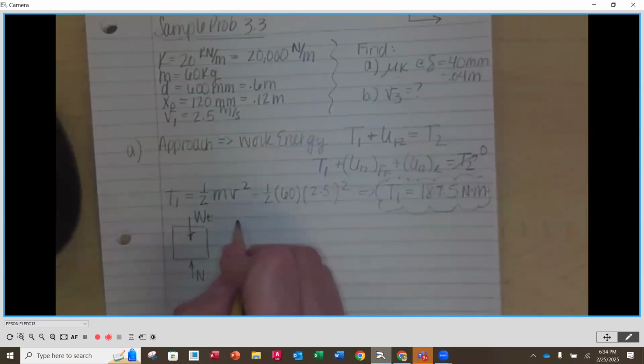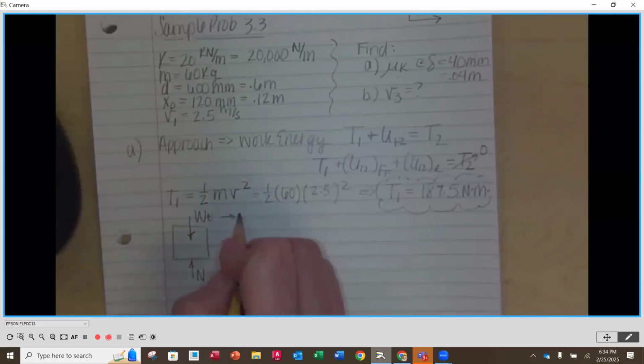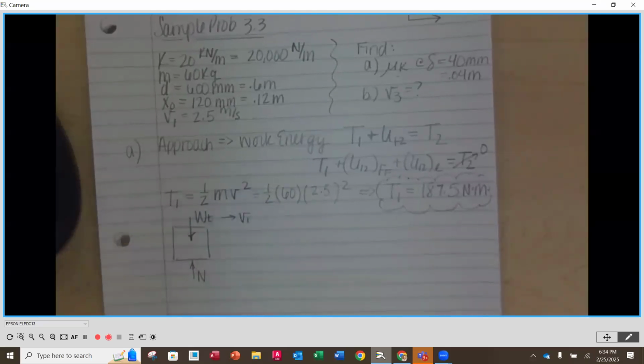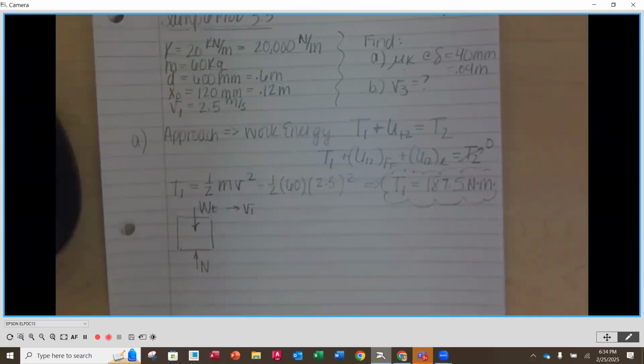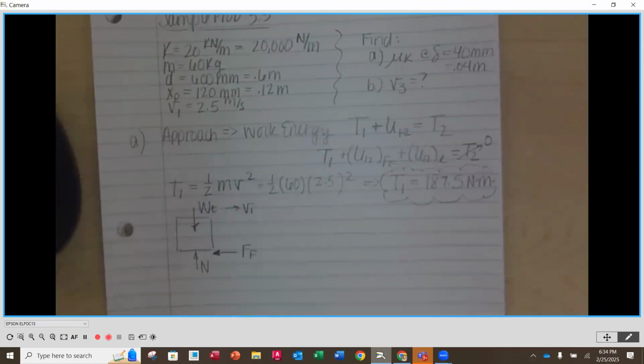So I know that I don't have a place to put it. My velocity 1 is moving to the right. So that means that in this case, going from position 1 to position 2, my friction force is going to impede motion. So my friction force is going to go to the left, okay?